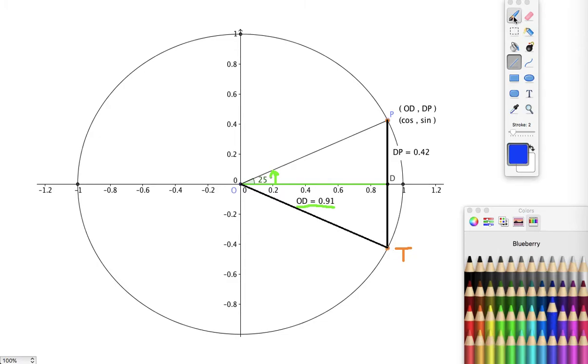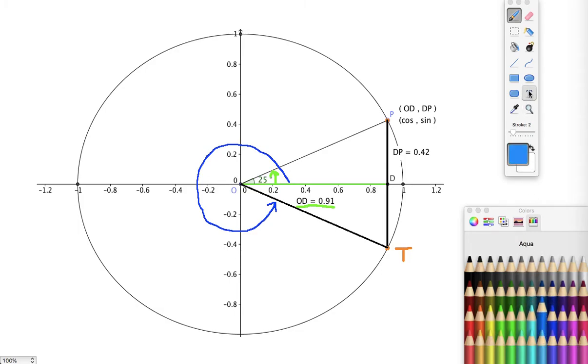The angle for that point T is the same as if I started here and went basically all the way around till I got to this line that goes to T. We're trying to find out how much is that angle right there.